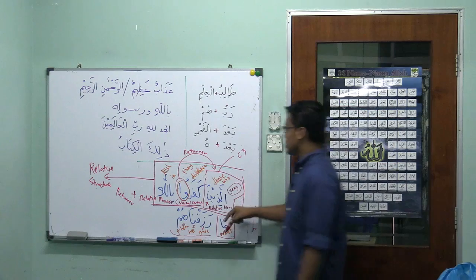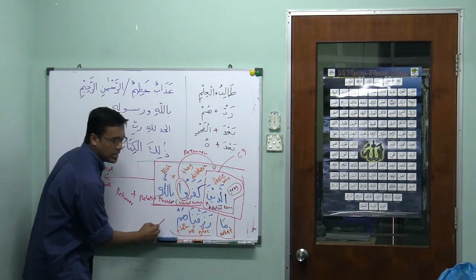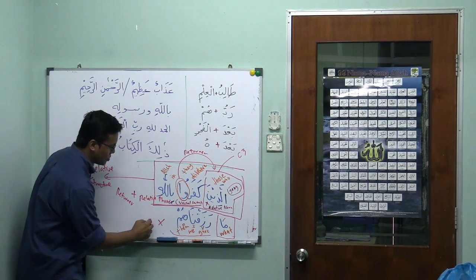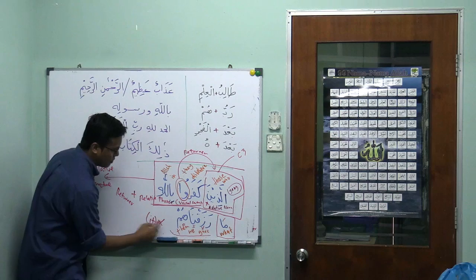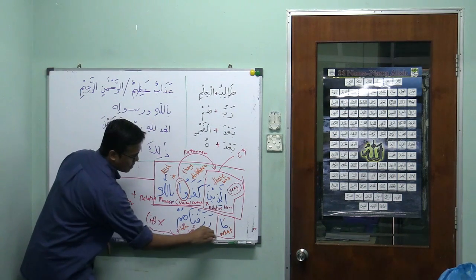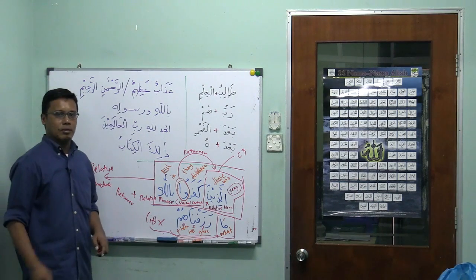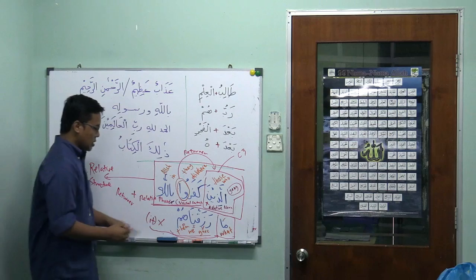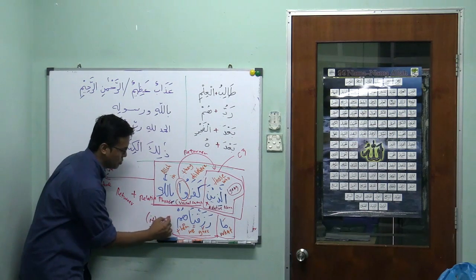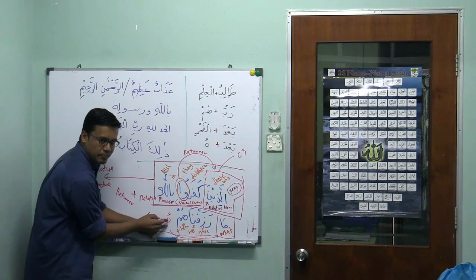No. So in this case, we say that the returner is hidden. The returner is hidden, referring to it, which is synonymous with what. In Arabic we say huwa, he or it. So if there is a huwa, we say this is the returner.